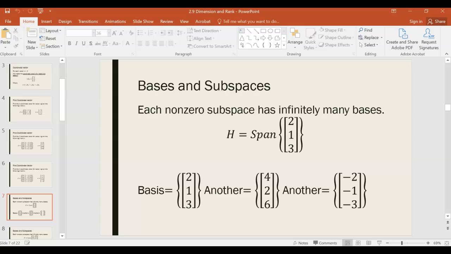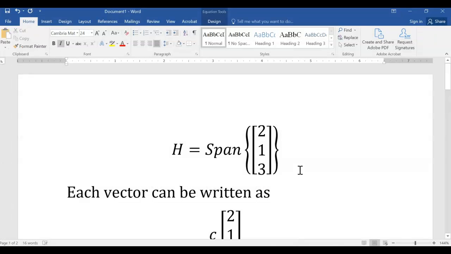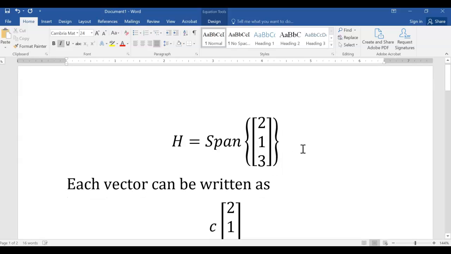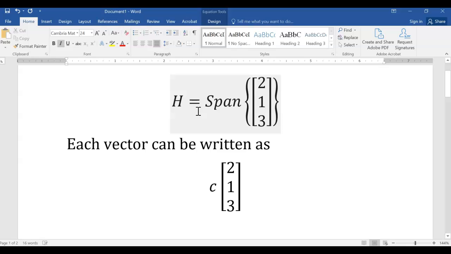Say H is the span of this single vector, and that means the set containing this single vector would be a basis for H. Every single element of H can be written as a constant times (2, 1, 3).